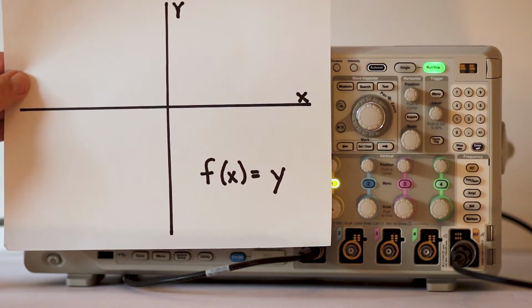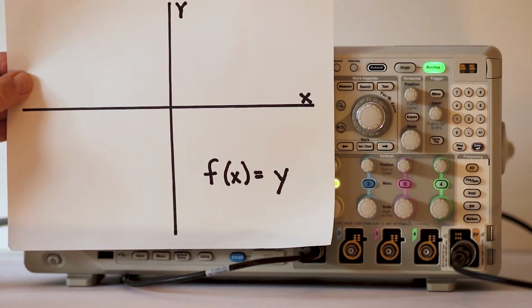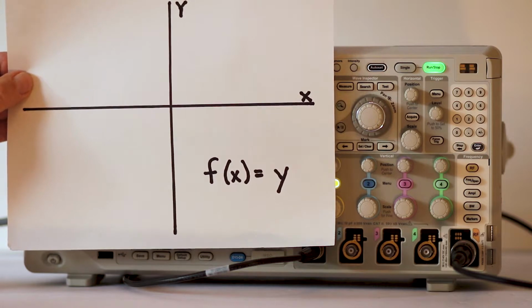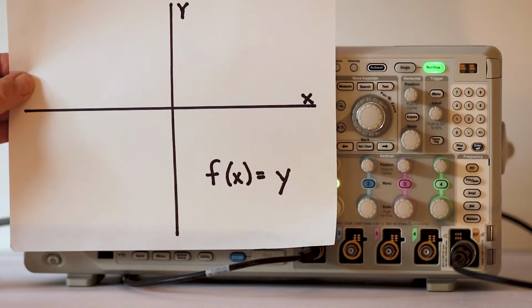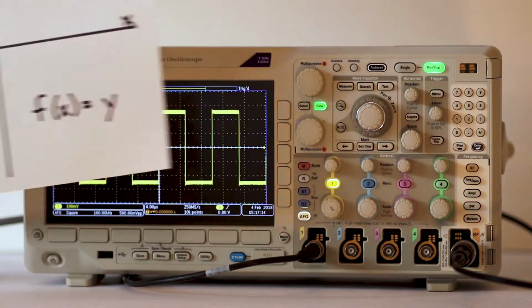Any value can be represented by a point on the graph, determined by two numbers, one located on the x-axis and the other located on the y-axis. All solutions to an equation f of x equals y relating these numbers can be represented by a line passing through the points.